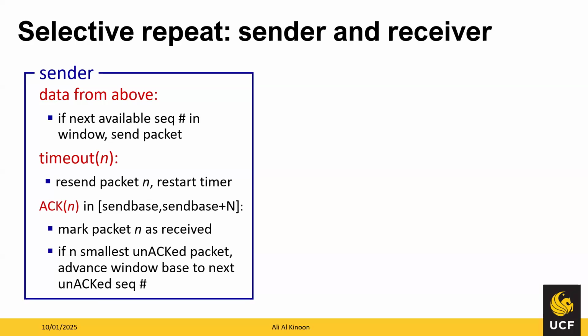If there is a timeout for packet N, we only resend packet N and restart the timer. On receiving an acknowledgement, the sender marks packet N as acknowledged. If it was the smallest unacknowledged packet, we slide the window forward. Basically, once we receive a packet and it's acknowledged, the window moves up by 1.